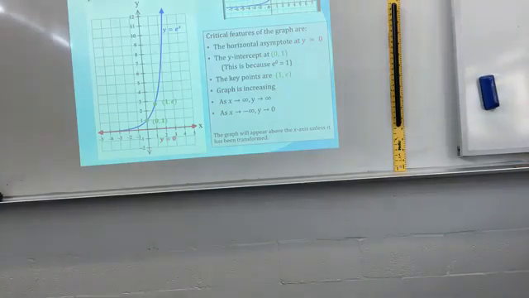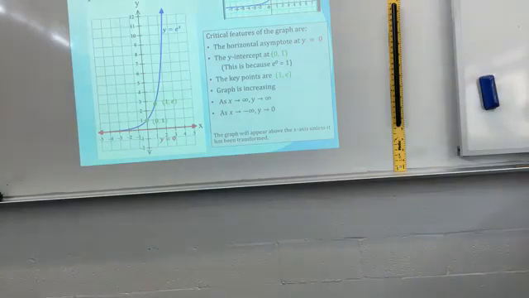And you can see that as x is increasing, y is increasing. X tends to infinity, y tends to infinity. And when x tends to negative infinity, y tends to 0. Yep. What was the question? So the graph will always appear above the x-axis unless it's being transformed. All right? Unless there's a plus or minus d.